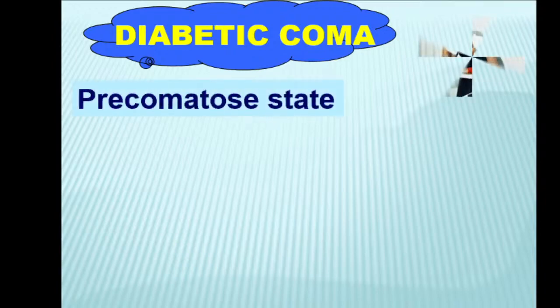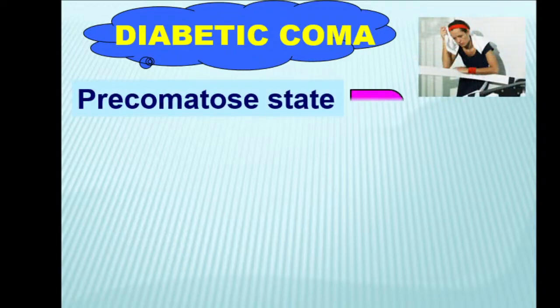Acute complication of diabetes mellitus. Diabetic coma. You know, coma is an unconscious condition. Diabetic hyperglycemic coma appears due to intoxication of the body with acetone bodies due to disordered fat metabolism.